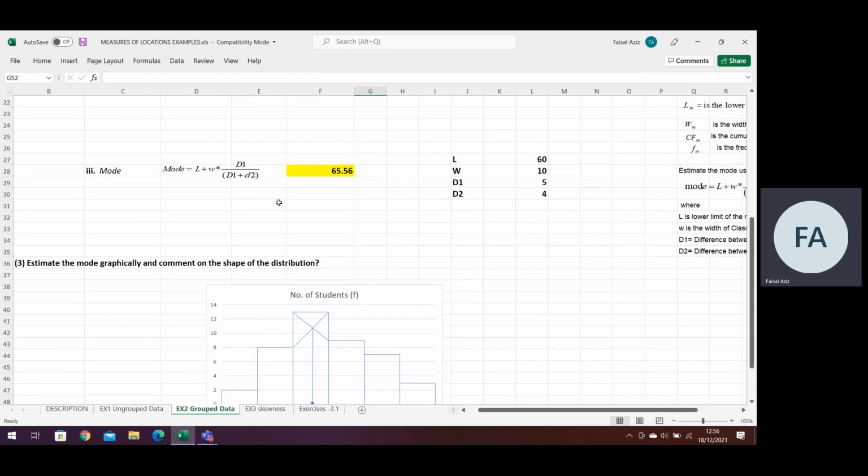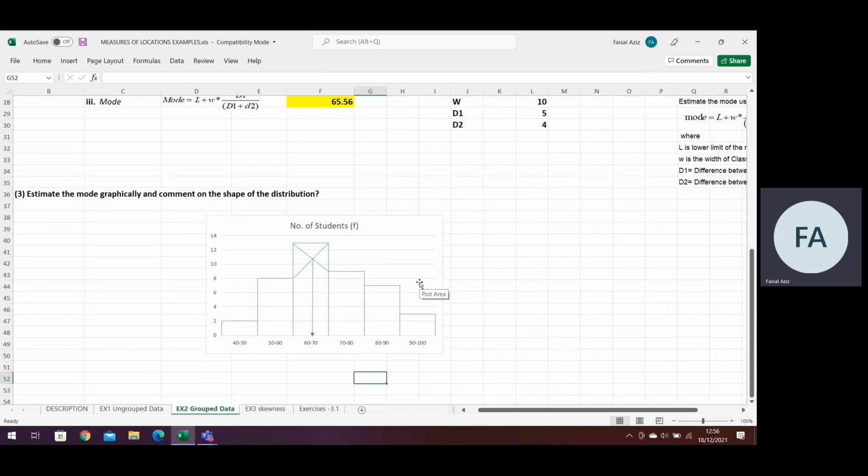So you can just have a look here, the mode we were having was 65.5, it is almost 66. You just look at the width of this bar. This line is not exactly dividing in the middle, but somewhere on the right side. So this is how you can calculate the mode of the data, and it is telling that whatever we have calculated using the formula and through this graph, it is correct.